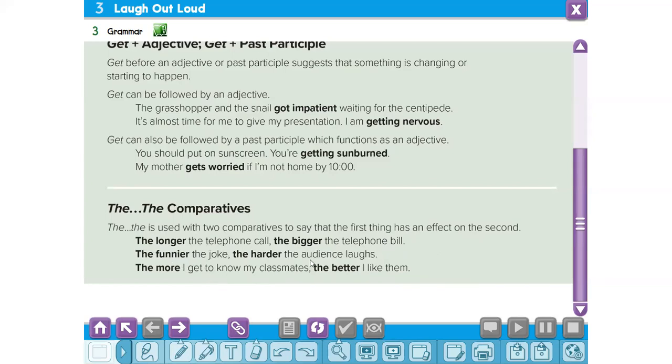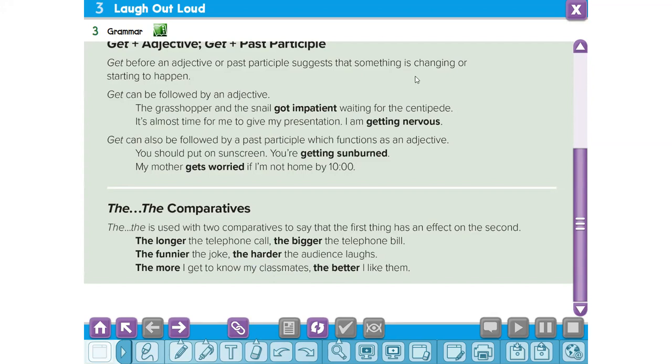The funnier the joke, the harder the audience laughs. So when the joke is funnier, the audience is going to laugh more and more.